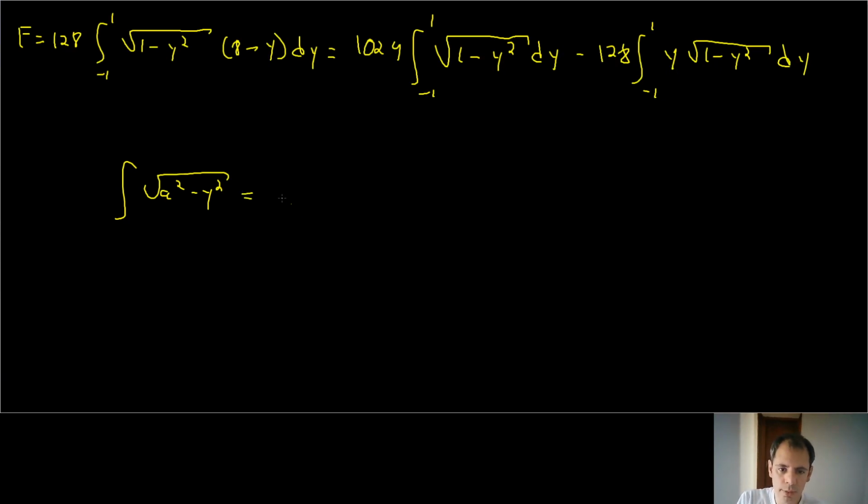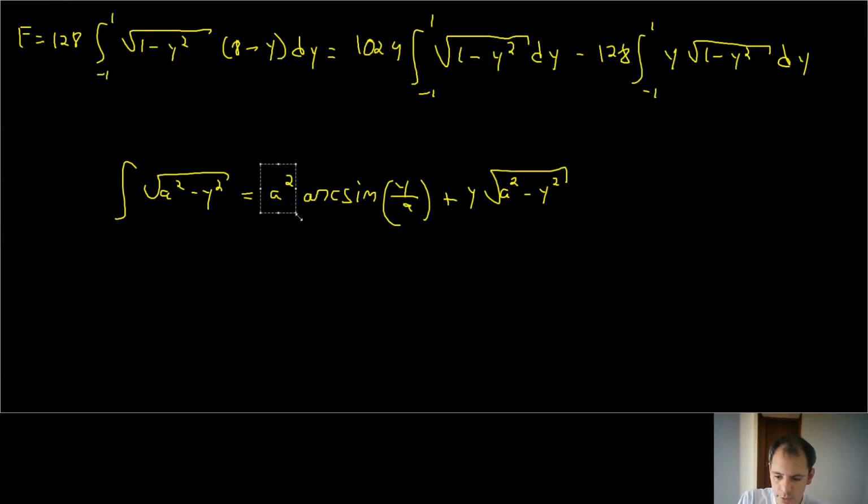So this was equal to a squared times the arc sine of y divided by a plus y square root of a squared minus y squared. All right? So let's think about this. The a is just going to be 1. So forget about this, 1 squared is just 1. Forget about this here because it's just 1. This thing here is going to be 1.